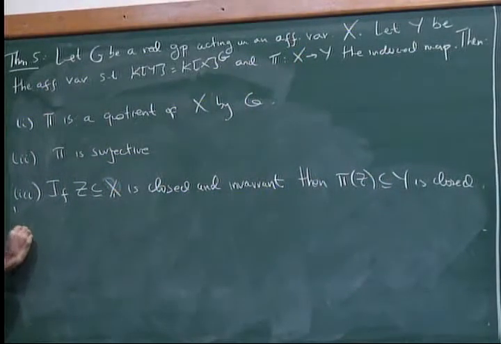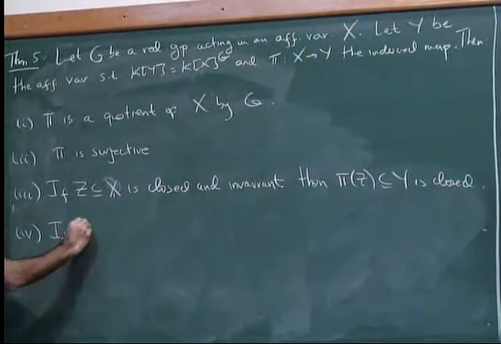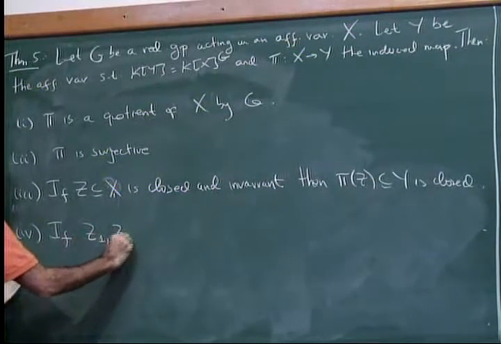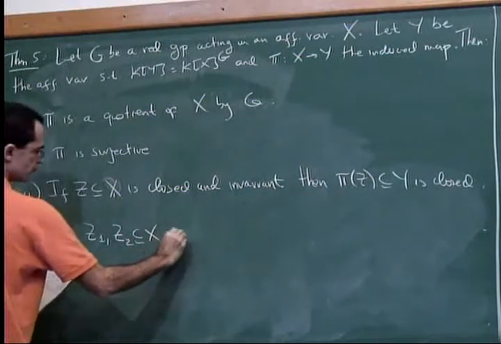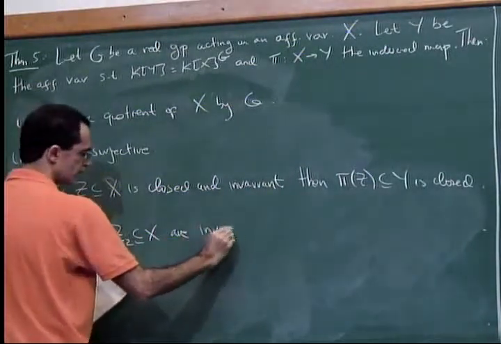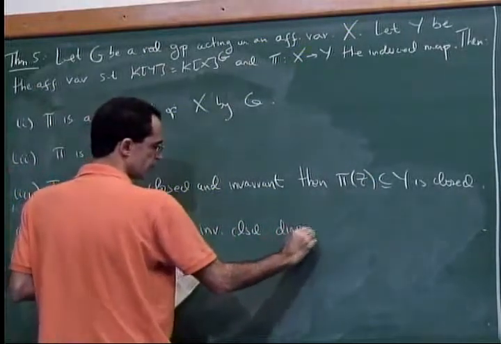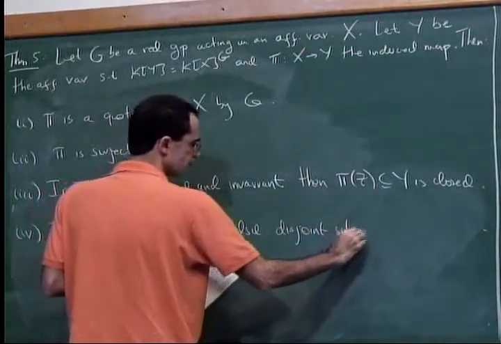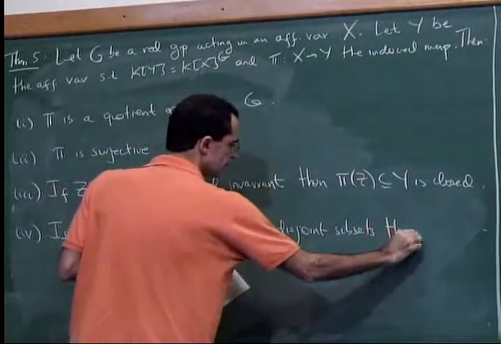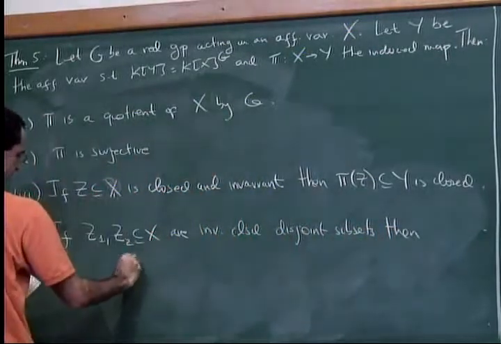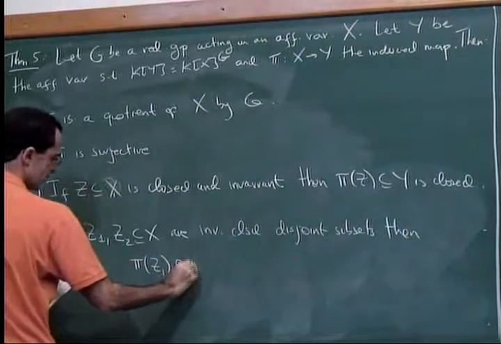Fourth, if we have now two invariant closed disjoint subsets, then the images do not intersect. They are disjoint as well.